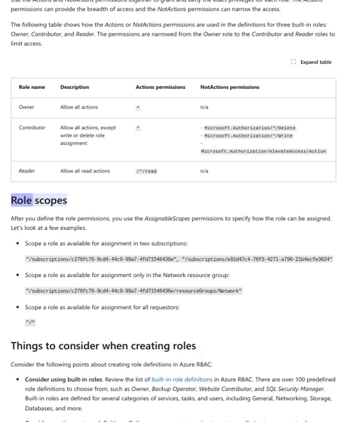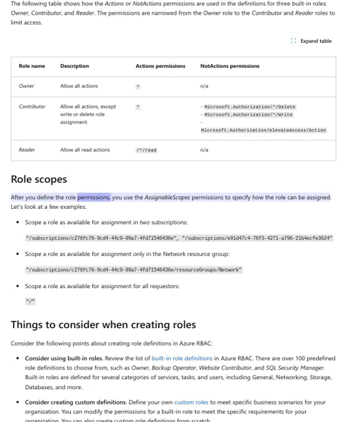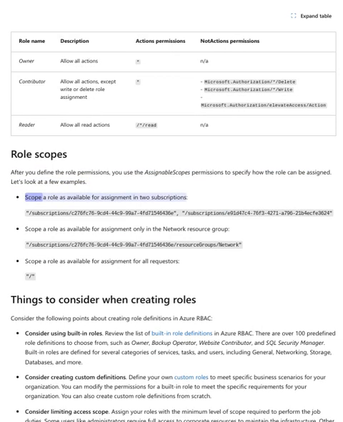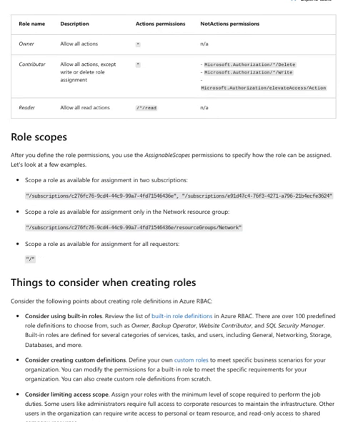Role scopes. After you define the role permissions, you use the assignable scopes permissions to specify how the role can be assigned. Let's look at a few examples. Scope: a role is available for assignment in 2 subscriptions. /subscription/C276FC76. /subscription/E91D47C476F34271A79621B4X3624.